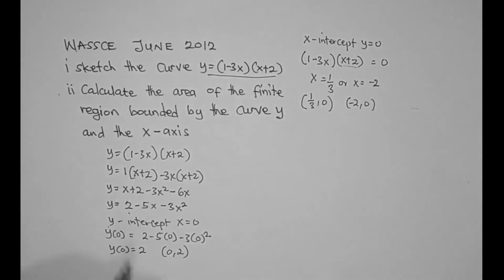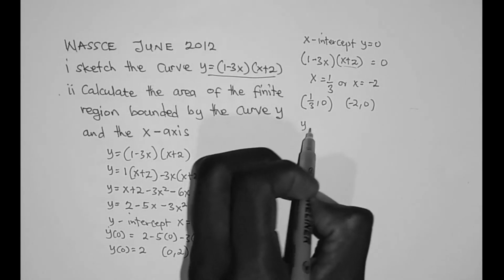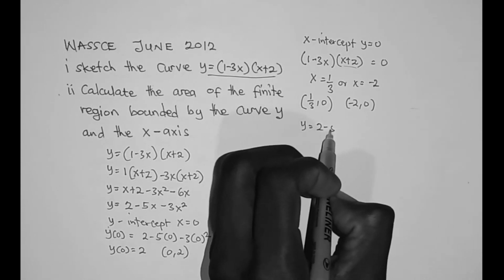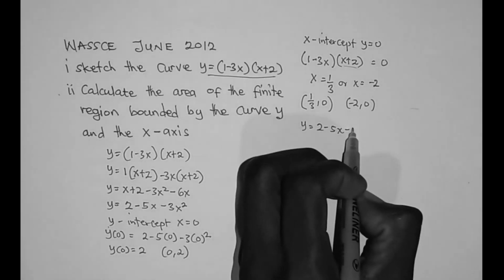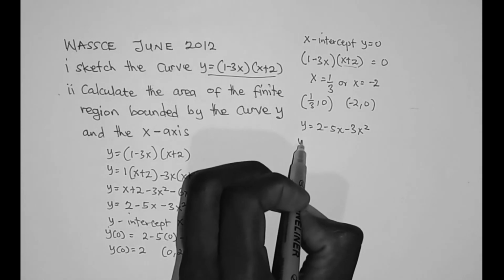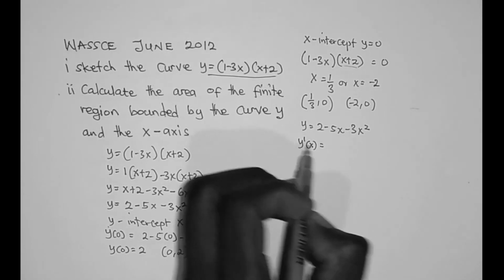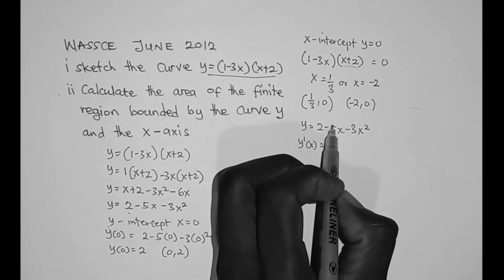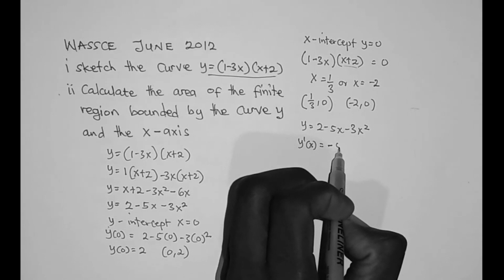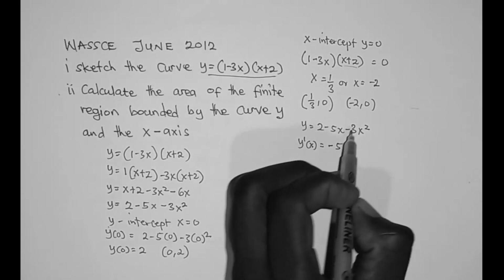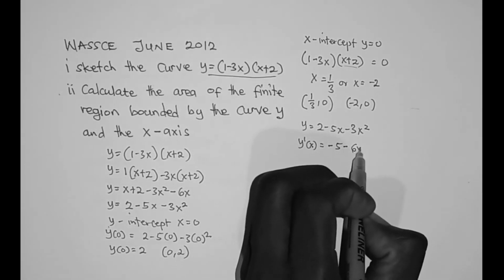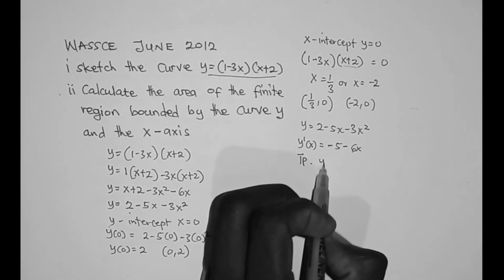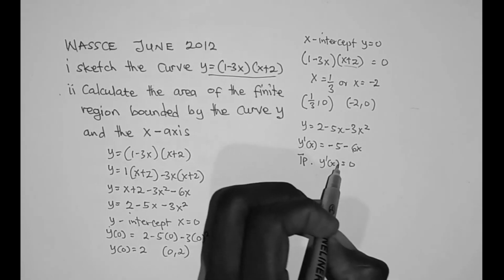Let's go ahead and find y prime of x. So y of x is equal to 2 minus 5x minus 3x squared. Y prime of x is equal to, if you differentiate 2, it is a constant, so it's 0. If you differentiate minus 5x, you get minus 5. And if you differentiate minus 3x squared, it becomes minus 6x. So the turning point occurs where y prime of x is equal to 0.